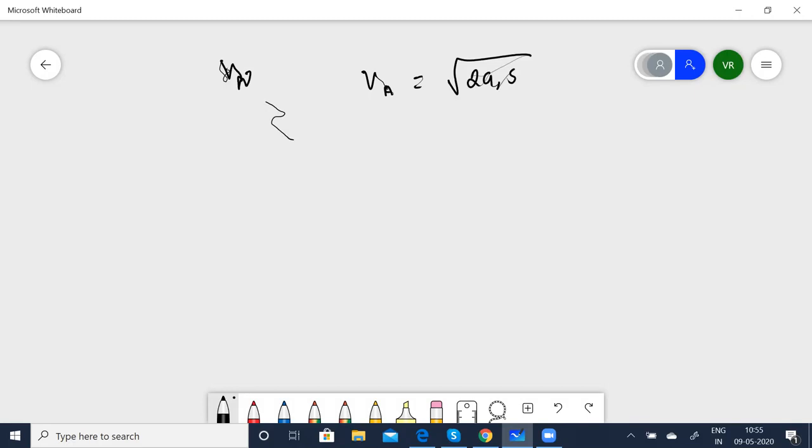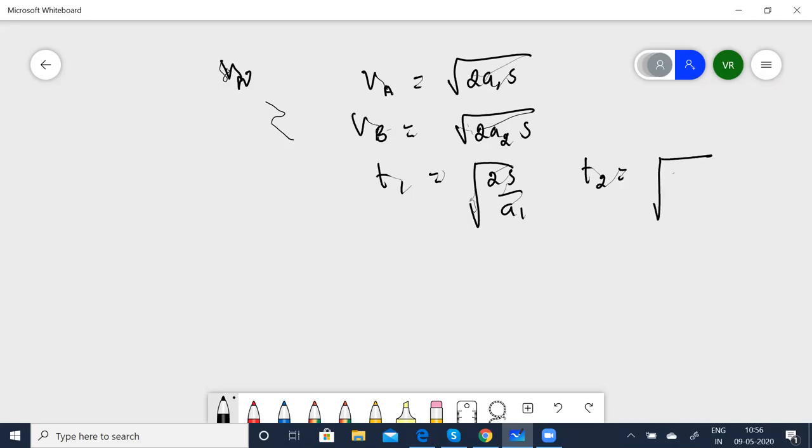We get this from the equation v squared is equal to u squared plus 2as, and in the same way VB is equal to root of 2a2s. And time t1 is equal to root of 2s by a1, and let t2 be equal to root of 2s by a2. We get this from the equation s is equal to ut plus half at squared.